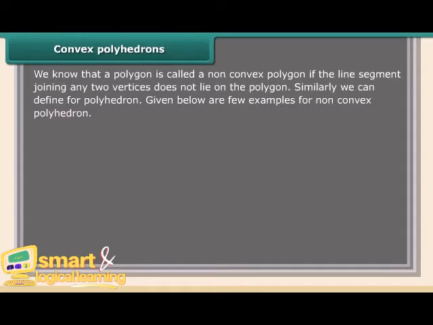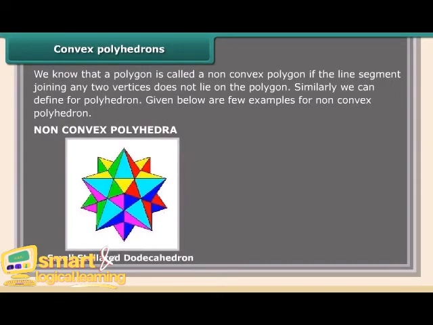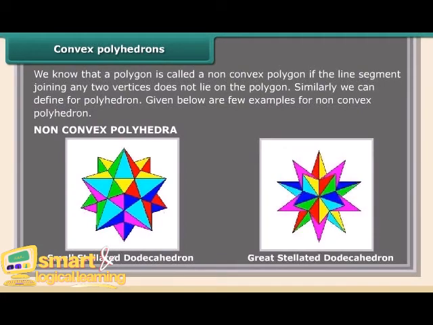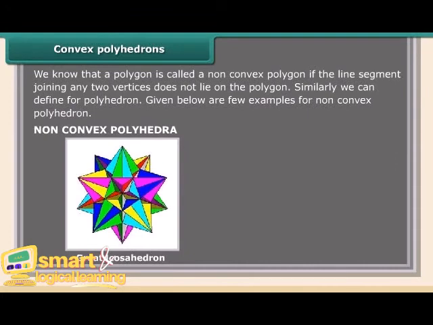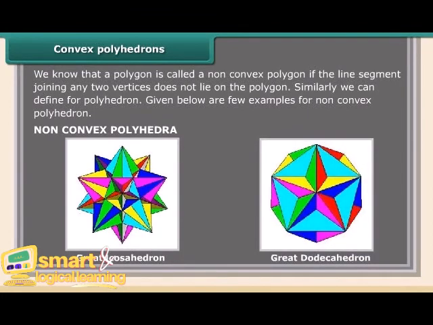Similarly, we can define polyhedron. Given below are a few examples of non-convex polyhedra: small stellated dodecahedron, great stellated dodecahedron, great icosahedron, great dodecahedron.